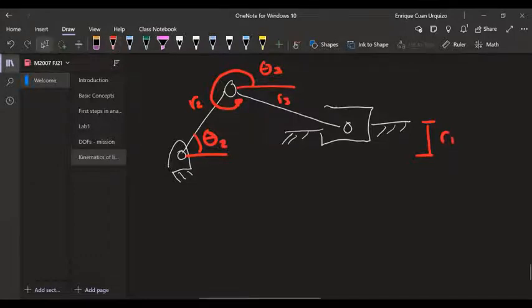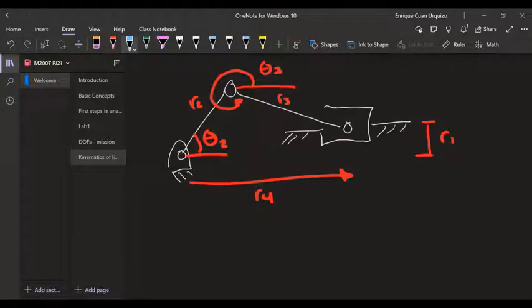If the slider is moving in the same axis aligned to the origin, then R1 is equal to 0. Okay, and finally, I need a vector that is going to tell me where the slider is, and that vector is going to be called R4. Those are the information I need to solve this.